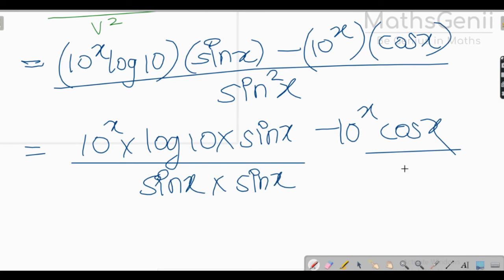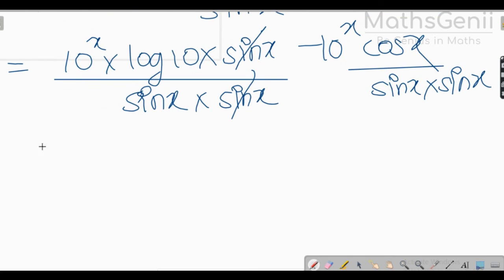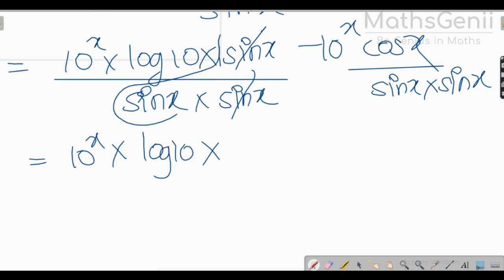This is just for the ease of your understanding. Okay, this sin x gets cancelled. So what remains here is 10 raised to x into log 10 into 1 upon sin x. What is 1 upon sin x? Cosec x.